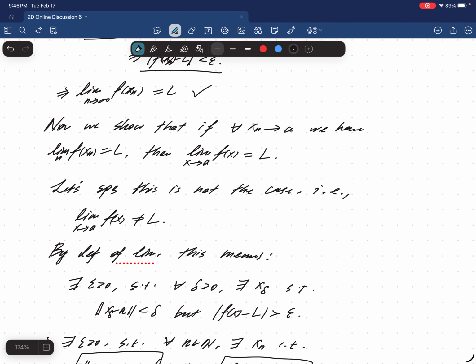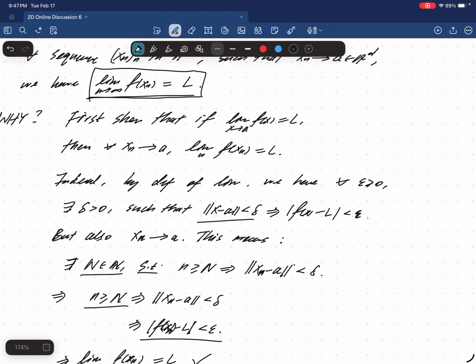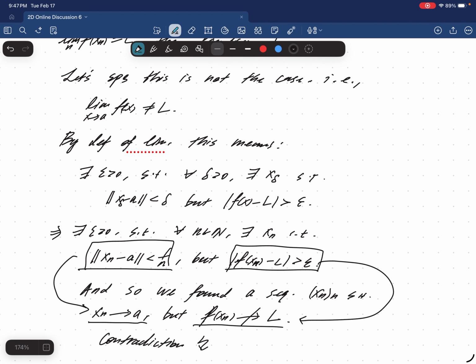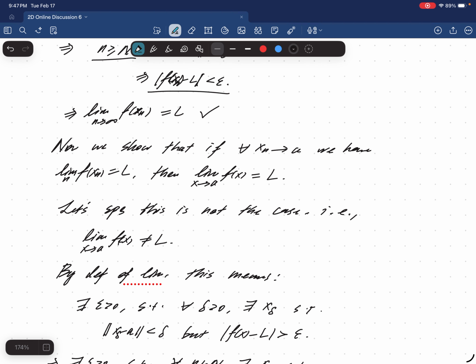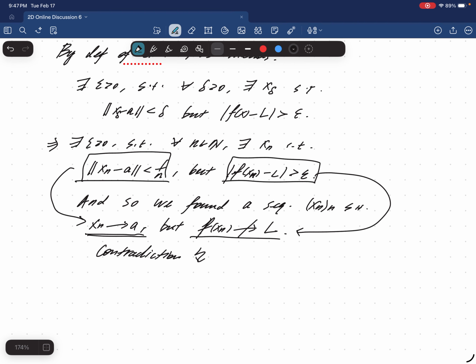Because we assumed that for all sequences xn converging to A, we must have the limit of f(xn) equal to L. And here we have an xn converging to A, but the limit of f(xn) is not L. So this contradicts our assumption.